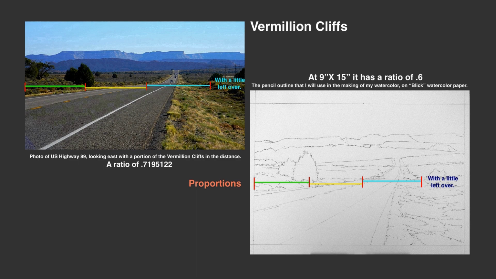Well, those are the kinds of proportional relationships that I could make judgments on and be able to execute this drawing in a more correct manner. And I just laid them out as little tick marks as I tried to figure things out and then drew in what I felt was correct.